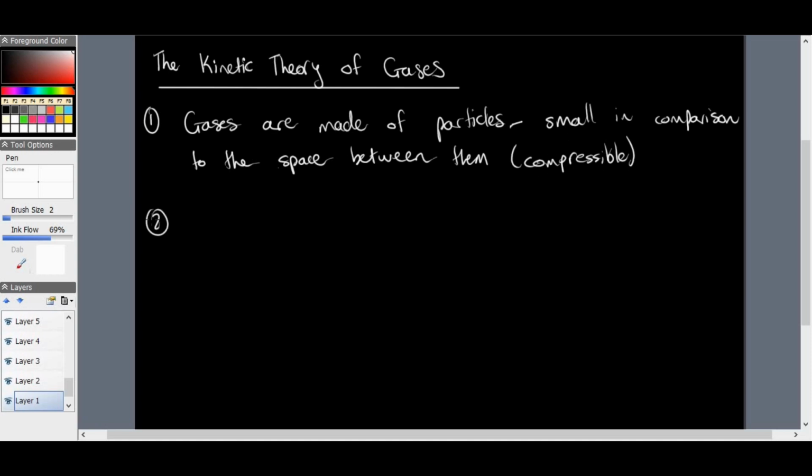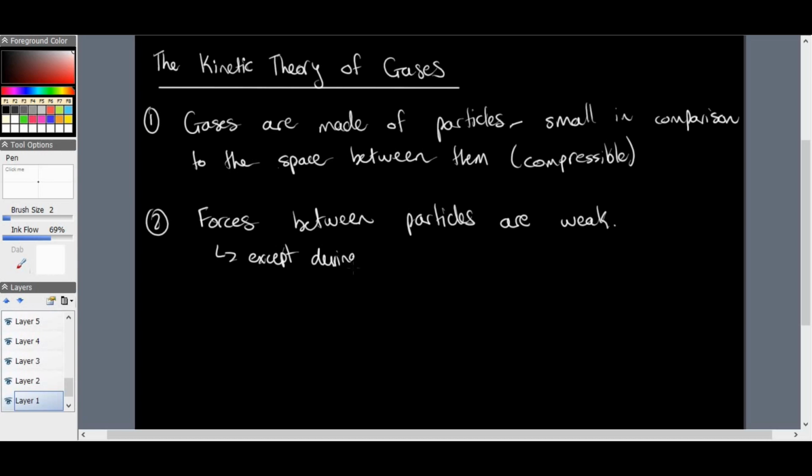The second one is that forces between the particles are weak, except during a collision. When particles collide, the forces between them are a bit stronger.